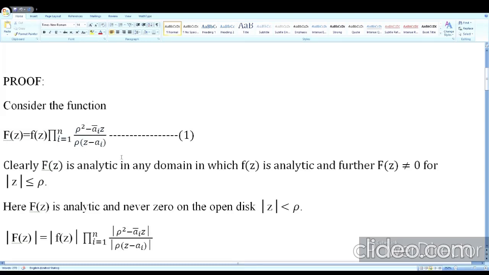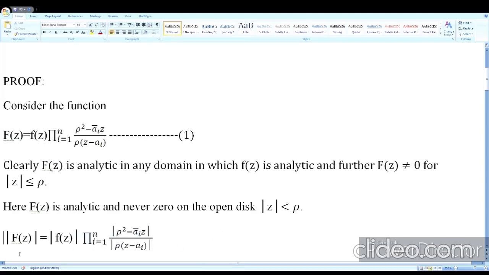So capital F(z) is analytic in any domain where small f(z) is analytic. And capital F(z) is not equal to 0 for |z| ≤ ρ, because all the zeros, the factors z − ai, come in the denominator and get cancelled with the zeros of small f(z). So capital F(z) has no zeros at all. So capital F(z) is analytic and never 0 in the open disk |z| < ρ.